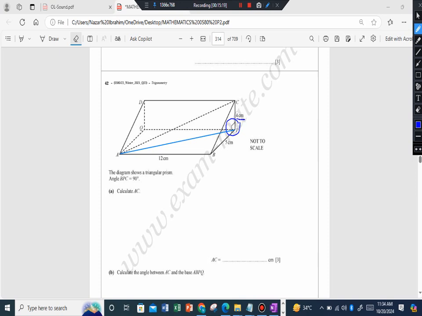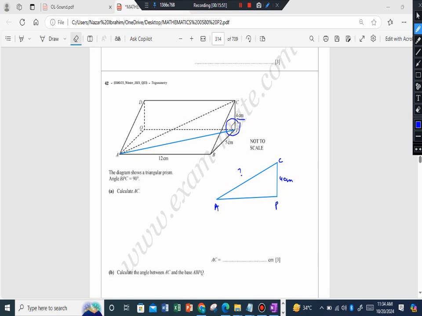If I get to know about AP, then I can calculate AC easily by using the Pythagoras theorem, right? So first drawing the triangle APC. This is a triangle APC, right? A, P and C. PC is 4 centimeter, AP I don't know, and AC I have to find, right?